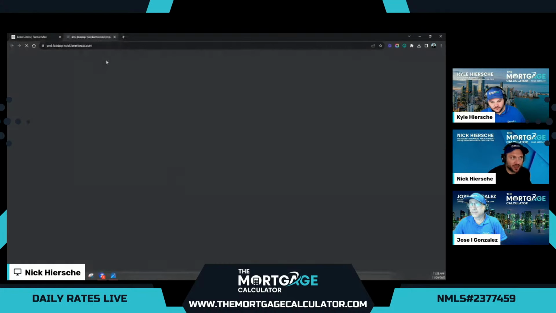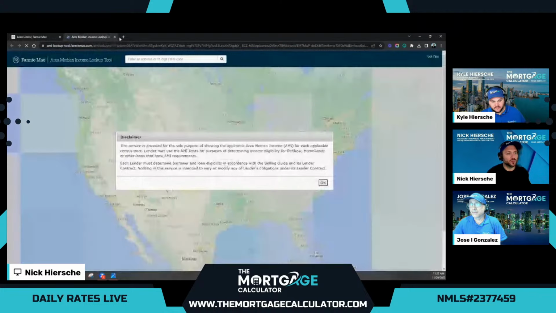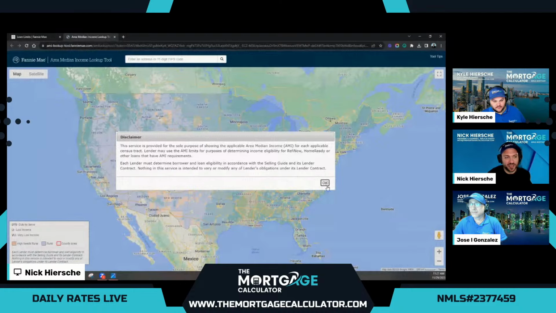If you click this button, you can go to their lookup tool. It's probably not going to run very good because it's a pretty heavy tool. But if you are looking at a specific property, especially for the area median income, for those special Refi Now, Home Ready, all those other specialty programs, make sure you check that. And this will also show the exact loan limits.